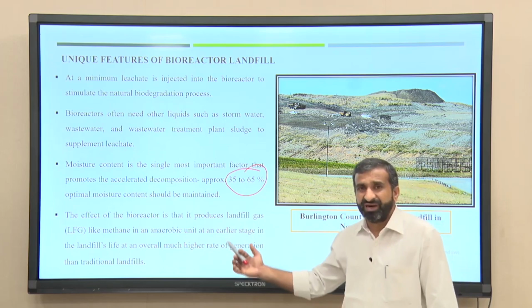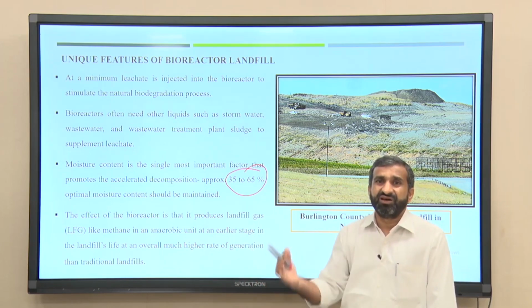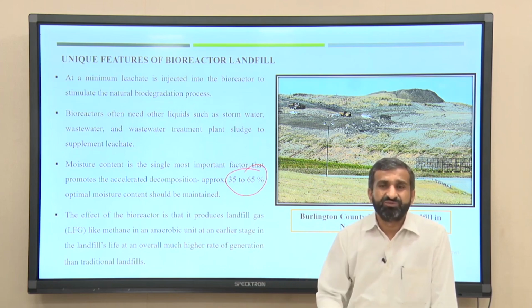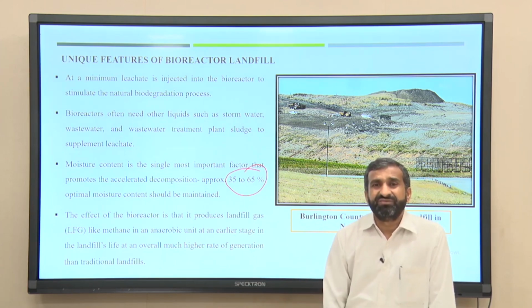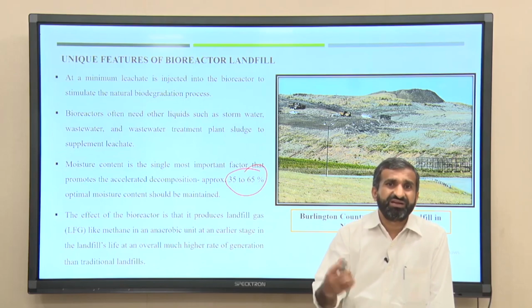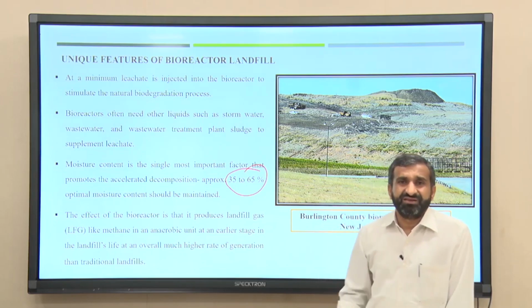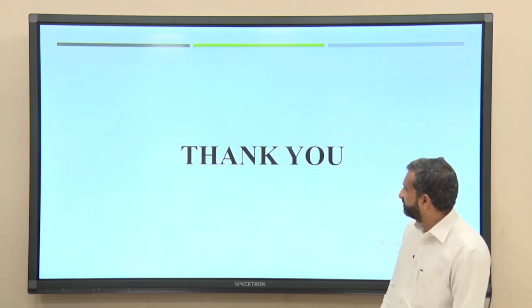But because of the bioreactor, with the entire material in anaerobic condition, you will be able to achieve more landfill gas, so that this gas can be collected and utilized.